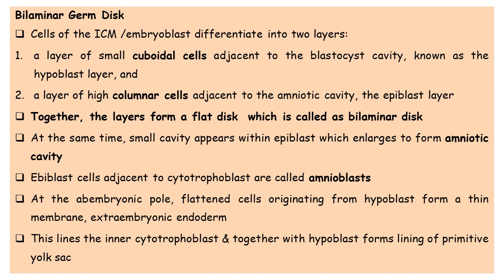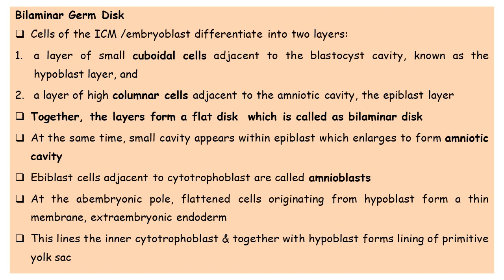We call it the process of gastrulation. In gastrulation, this bilaminar disc is going to convert into the trilaminar germ disc, and that disc will be formed of ectoderm, endoderm and mesoderm.